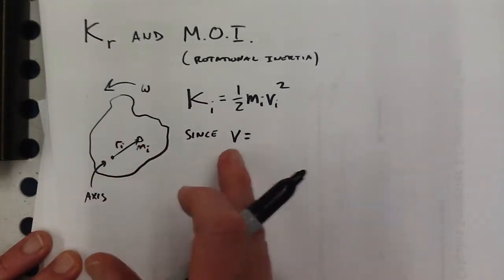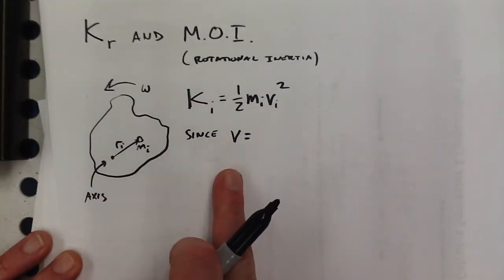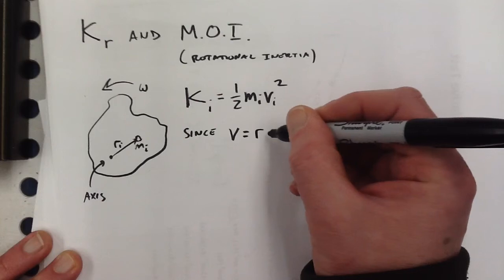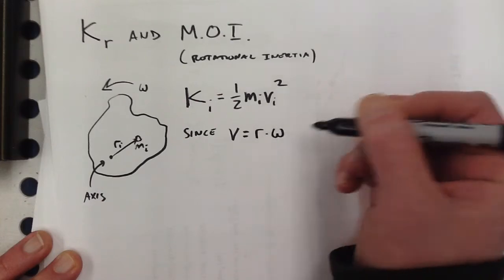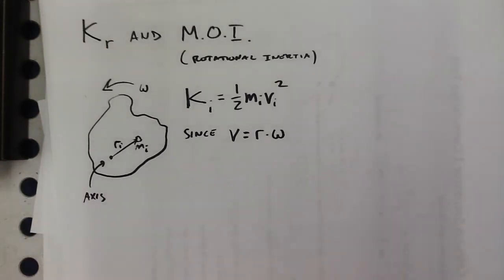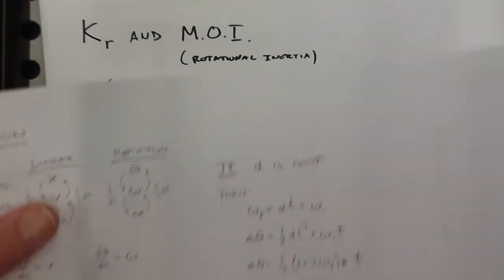The relationship between the rotational variables and the regular old variables is that this is r times omega. Right? We know that from our first set of rotational variable notes, which I have somewhere. I'm just going to flash those in front of the camera. Oh, there. Sorry, I didn't mean to bump the iPad there.